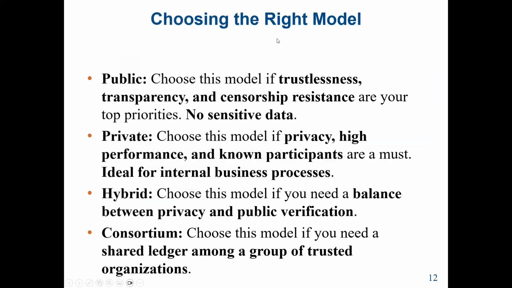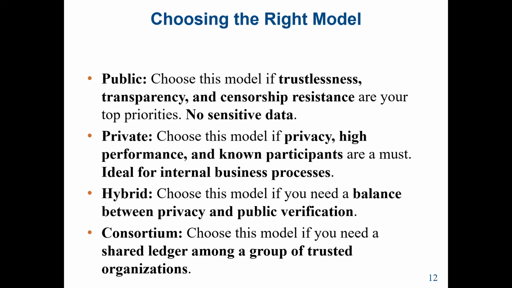So choosing the right model. Now, choosing the right model, we can say it depends. We may have a few key considerations. For example, trust and governance can be one. Issue of privacy.